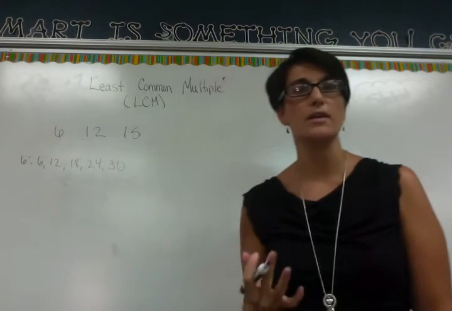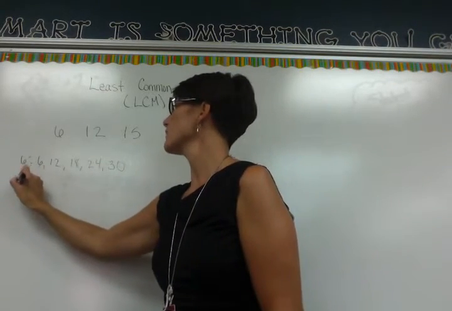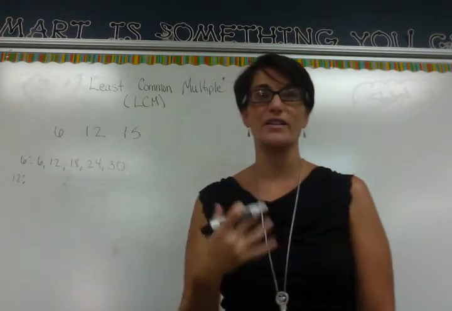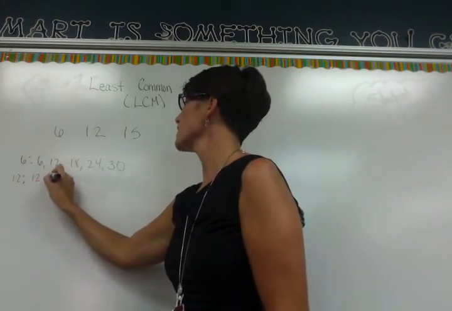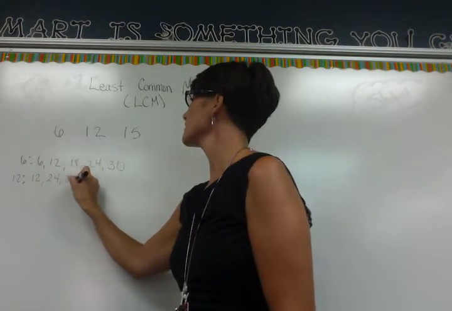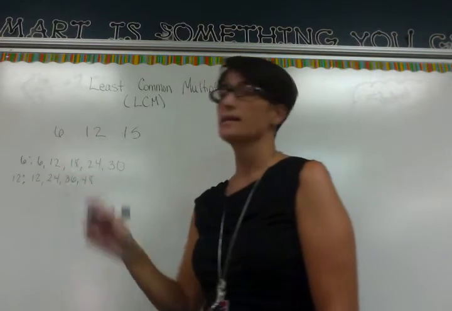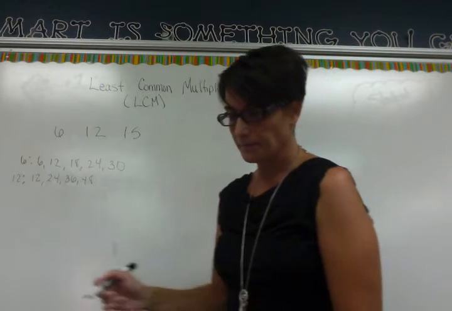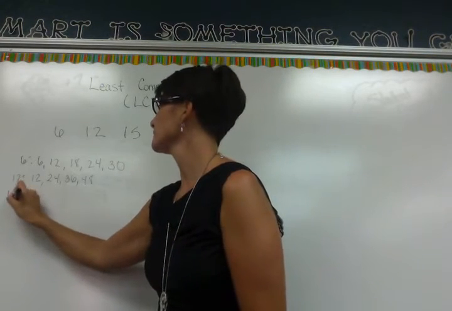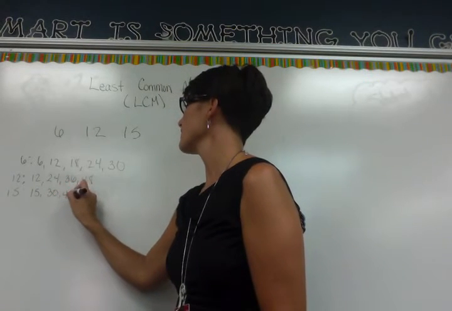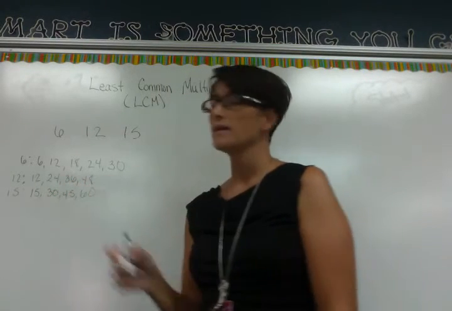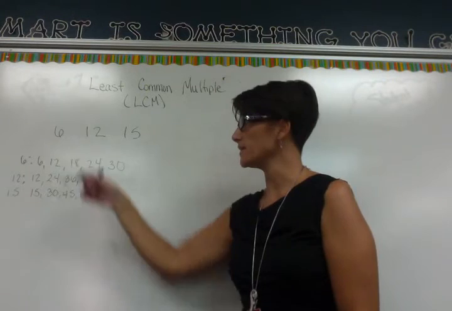I don't know, that seems like a pretty decent list. 12, hopefully you know your multiples of 12, otherwise you're doing additional math in order to get your multiples of 12. So 12, 24, 36, 48. I don't know, I'm going to stop there. Let's try 15. 15, 30, 45, 60.